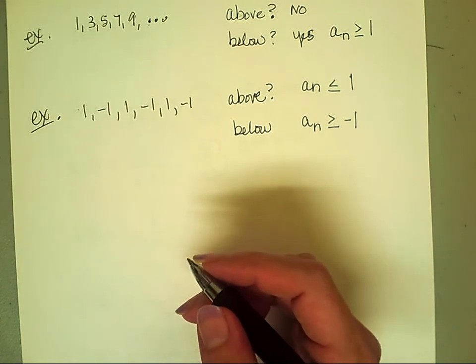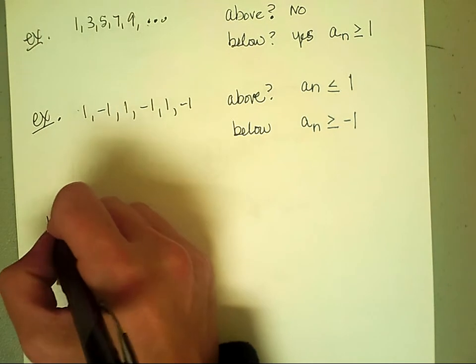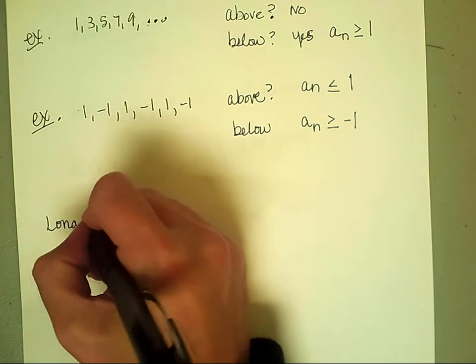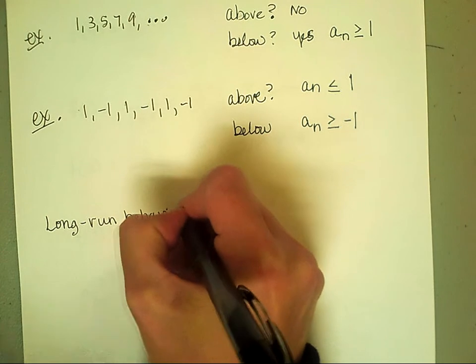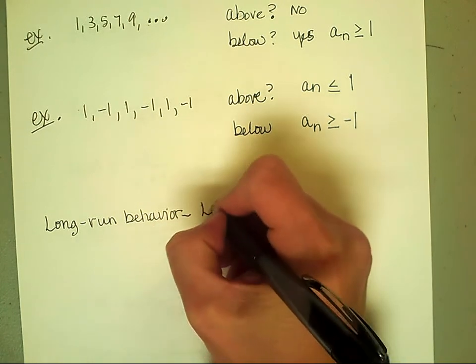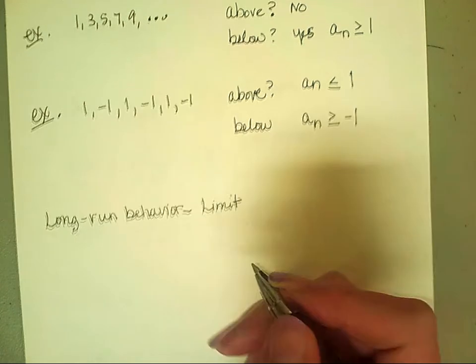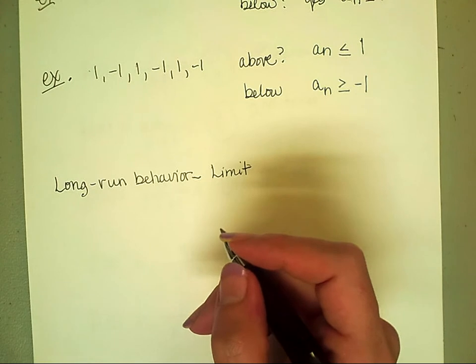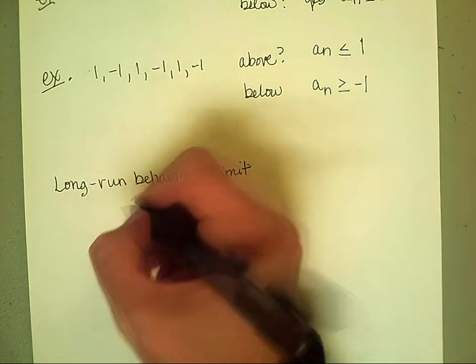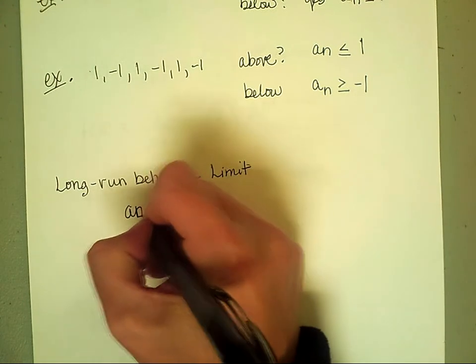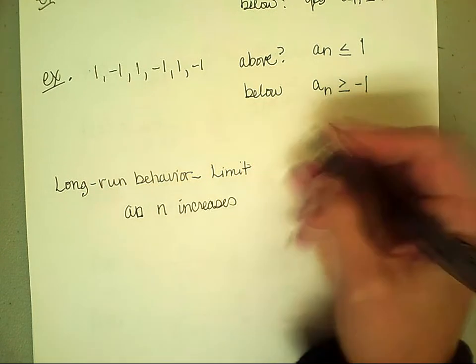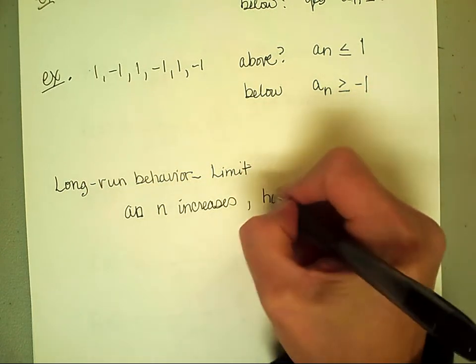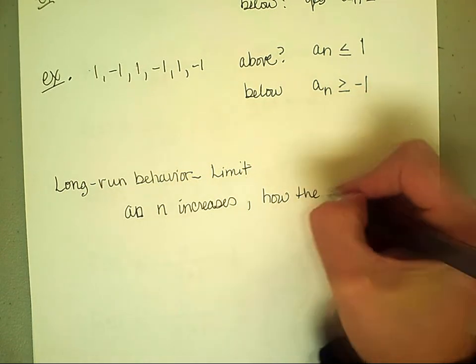Now, we are often interested in the long run behavior of a sequence. And in this case, we'll be talking about a limit. So as n increases, how does the sequence behave?